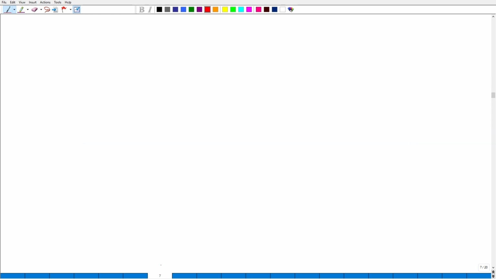Okay, let us take it to the next page. In this case, we have a halide, but we do not have any hydrogens on the adjacent carbon.